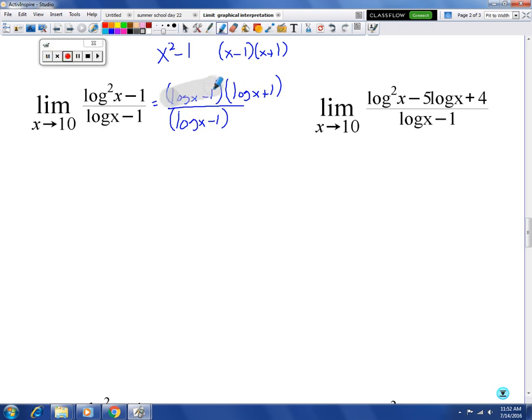We see that they'll cancel out. So we rewrite our limit as x approaches 10 of log of x plus 1. Okay, we substitute 10, we get log of 10 plus 1, and the calculator will tell you we get 1 plus 1, which is 2.